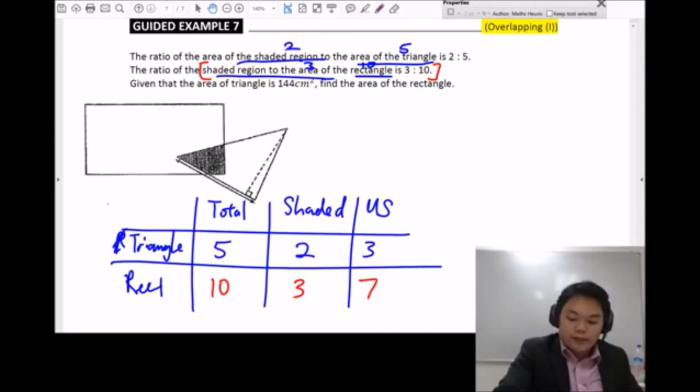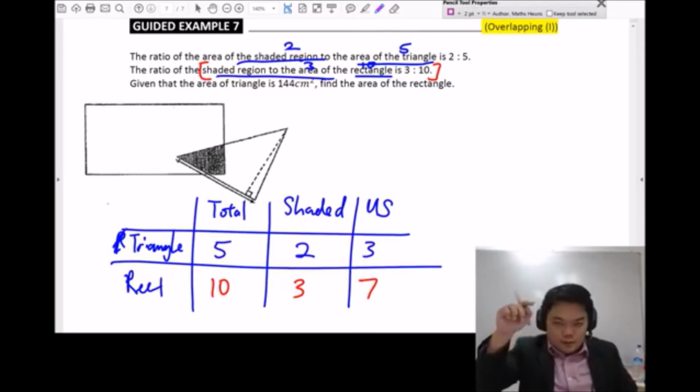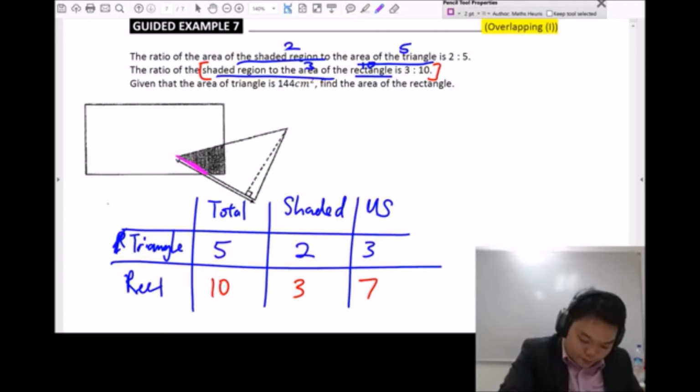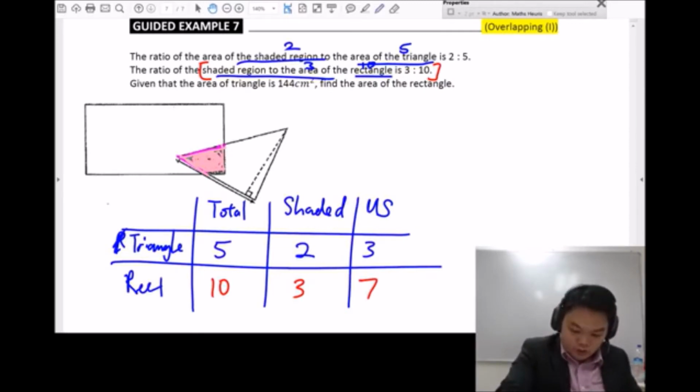Now once I have done that, okay, if I had time I would have let you talk through this. When we look back at this figure, we can see that this shaded region is shared between them. And in this case, the shaded region is the repeated item.